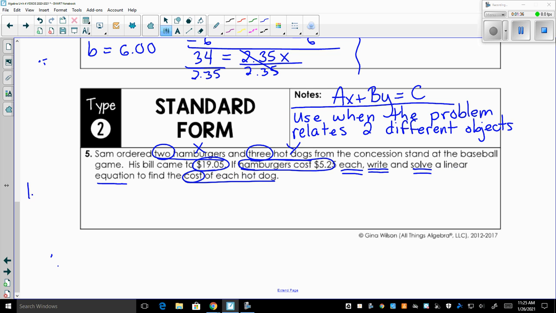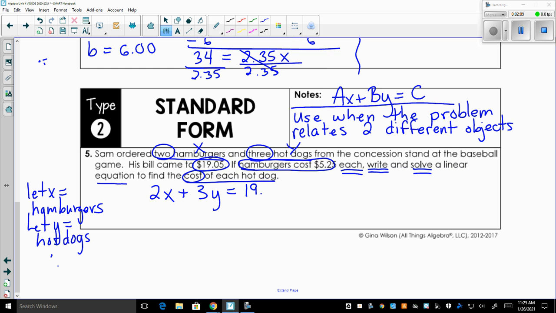So let X equal hamburgers and let Y equal hot dogs. And we could use A and B or F and G or something. Okay, so they told us he bought 2 hamburgers and 3 hot dogs for a total cost of $19.05.